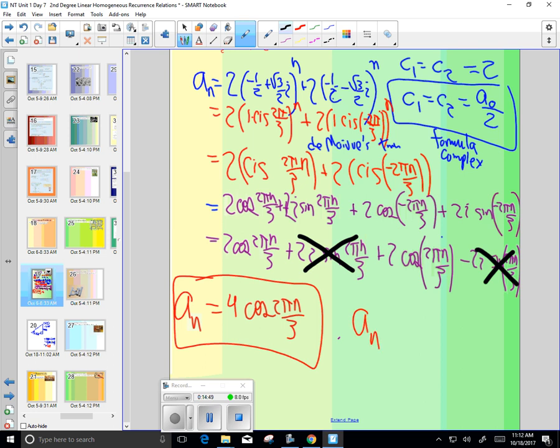This is a of n. This is essentially a0, this is the cosine of theta times n, isn't it?